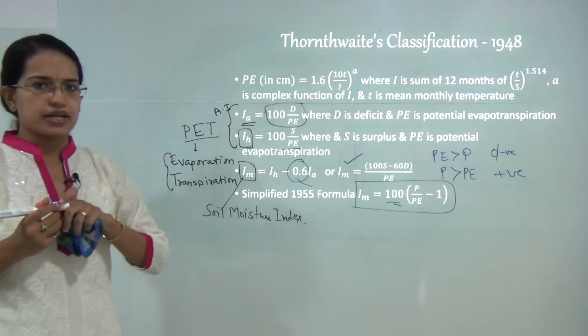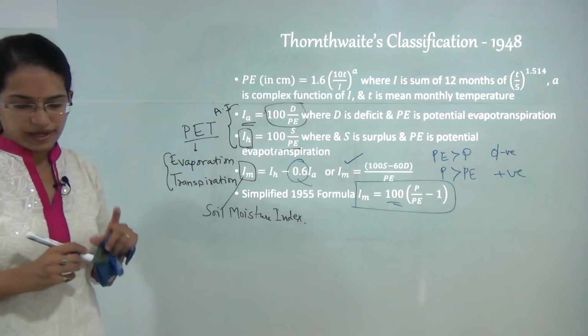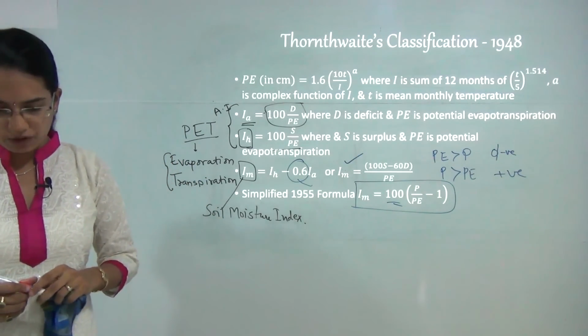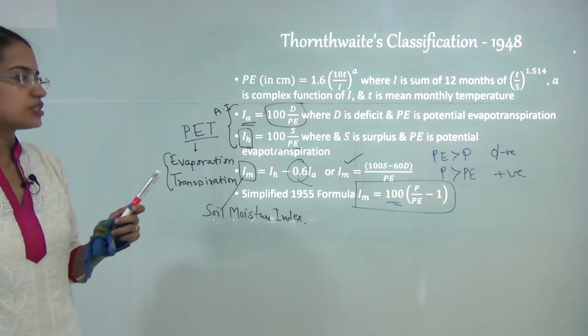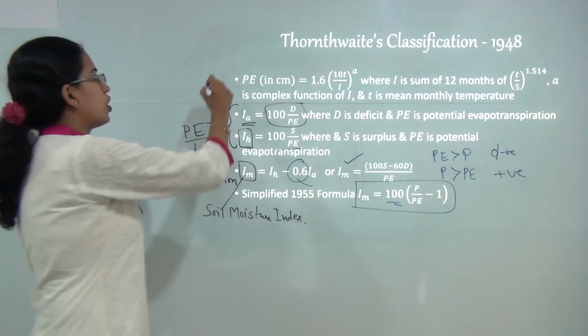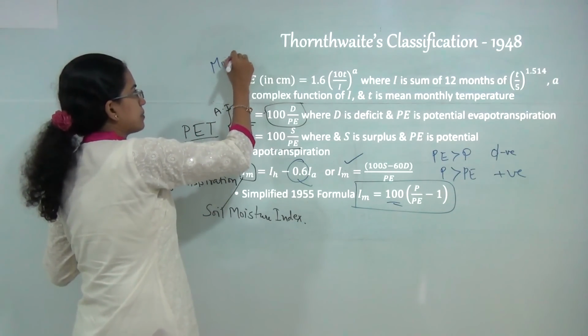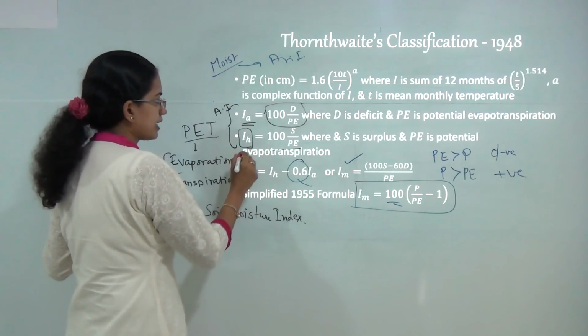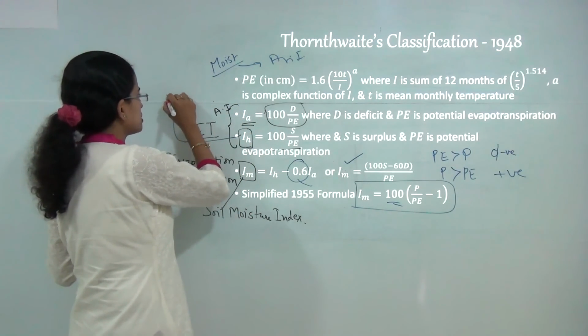Now, moist climate, he explained, could be assessed by the aridity index, because aridity index is used to intensify the drought conditions, and that helps you distinguish the deficiency in winter months and summer months. So, according to him, moist climate could be determined by aridity index and dry climate could be determined by moisture index.